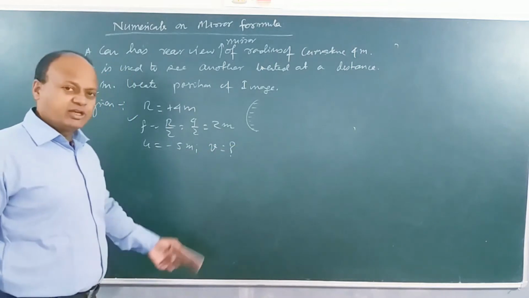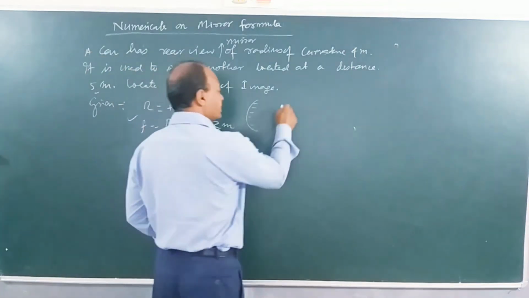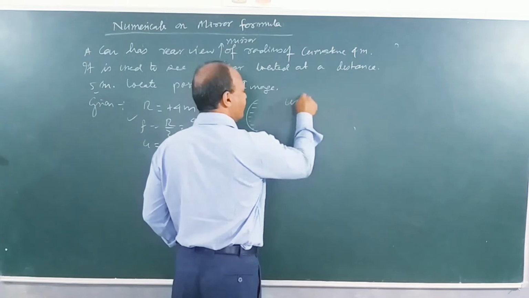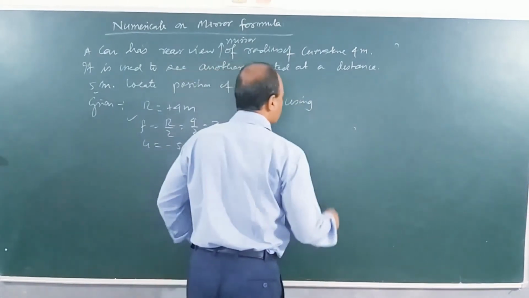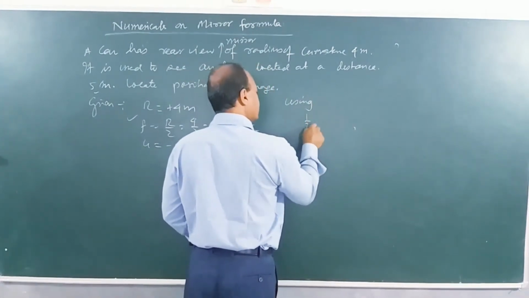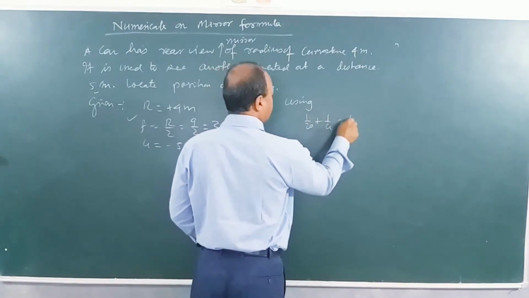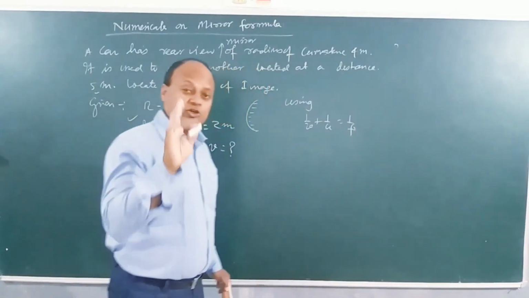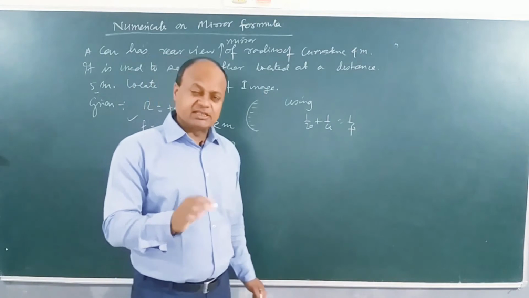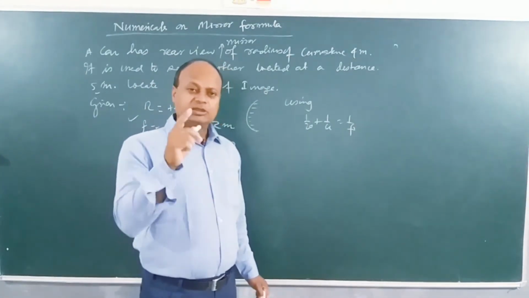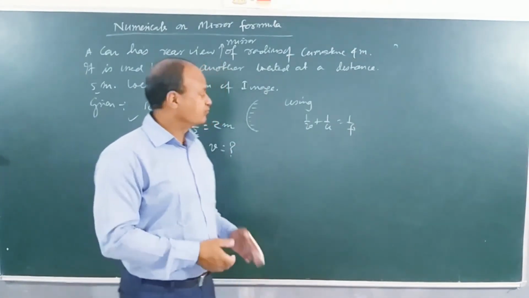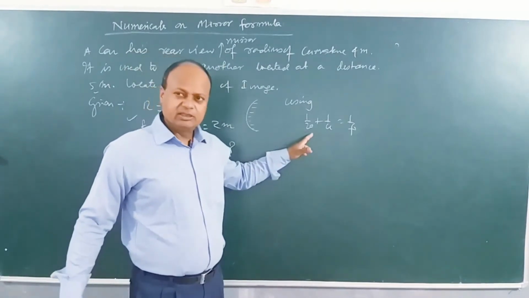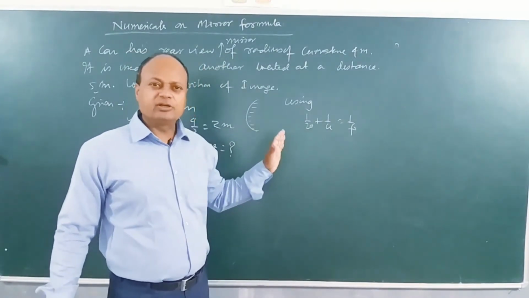So I will very easily do it. I will be using 1 by v plus 1 by u is equal to 1 by f. Remember, you should not put any sign convention for the quantity that you have to find. I want to calculate v, so I will not assume any sign for v.